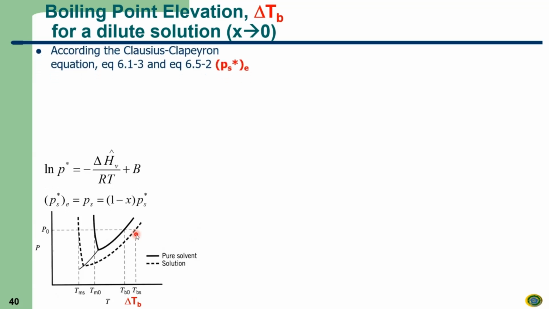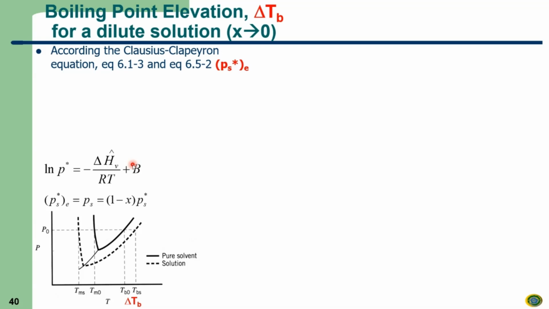According to the Clausius-Clapeyron equation, I hope you still remember this. You know delta P, right? Do you know what delta H sub V is? This is what we call latent heat, especially the latent heat from the liquid phase to the vapor phase. R is the gas constant, T is temperature, and B is a constant.